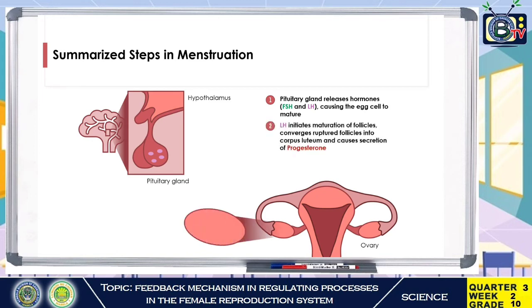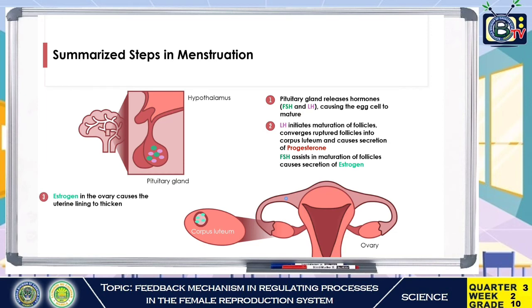The luteinizing hormone, or LH, initiates the maturation of the follicles, converts ruptured follicles into corpus luteum, and causes the secretion of progesterone. The follicle-stimulating hormone, or FSH, assists in the maturation of the follicles and causes the secretion of estrogen from the follicles.